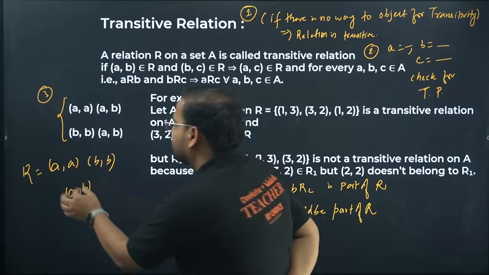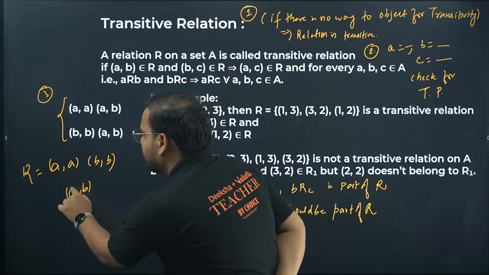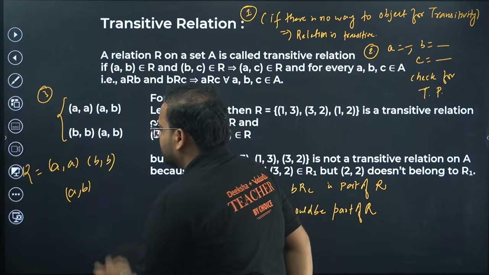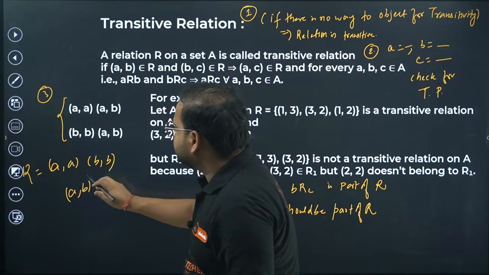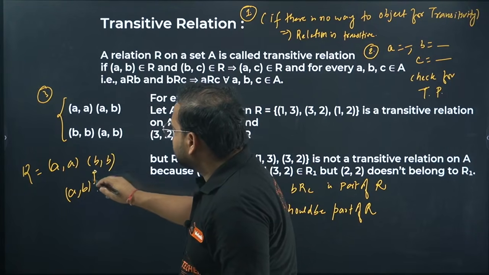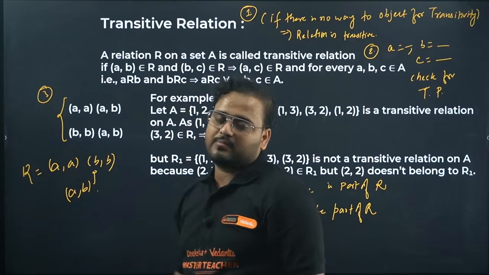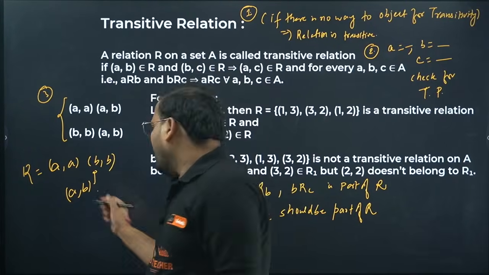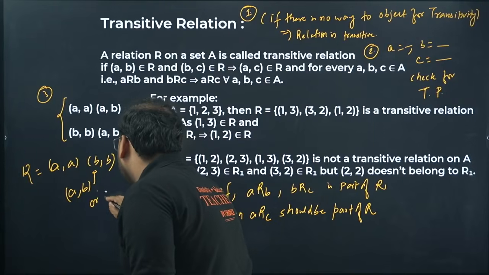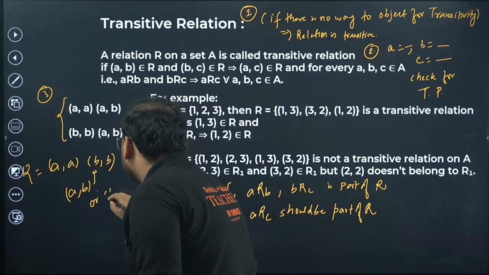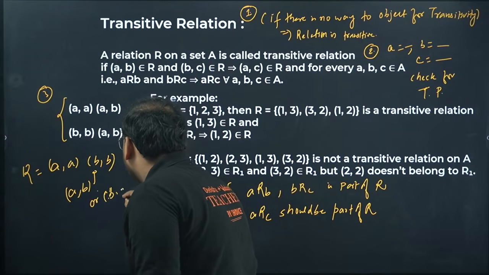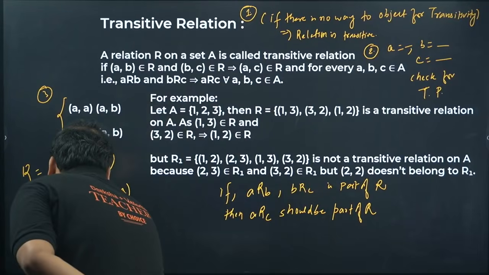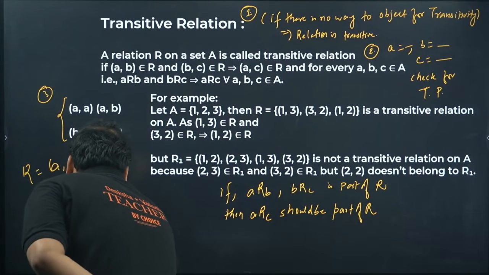Check over here, AA: you match this A with A, you get AB, and AB is present over here. If you have BB, check AB with BB, again you will get AB only. So if you have AA, BB and you are getting AB or BA, don't check. It is always transitive.